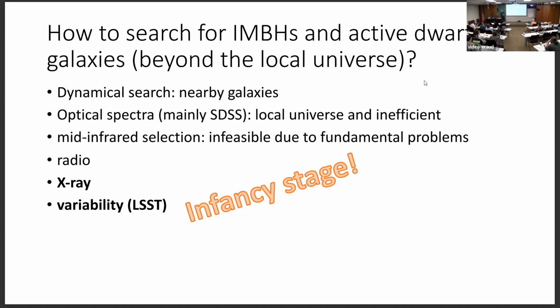Probably more careful work can return better results, but currently I am only convinced that X-ray and variability will work, especially in the deep drilling fields. This work will present the X-ray results, and LSST will give the variability selection in the future.